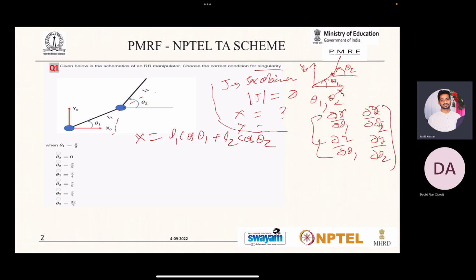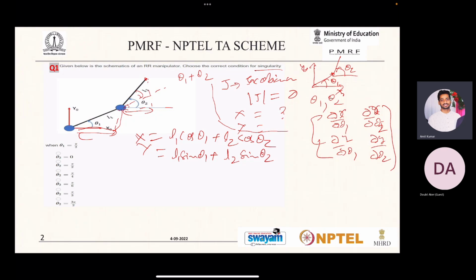In the slides, the thetas are defined based on the previous frames, which is why you get theta 1 plus theta 2. But here theta 2 is defined with respect to x naught itself. So x is L1 cos theta 1, this distance, plus L2 cos theta 2, this component, which gives the x position. Similarly, y equals L1 sine theta 1 plus L2 sine theta 2.